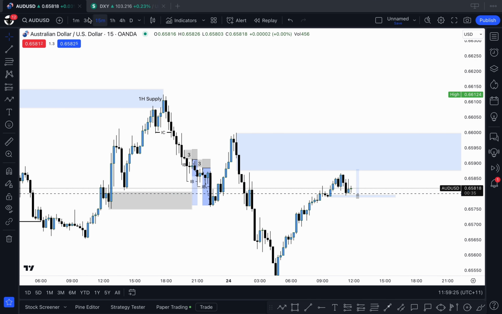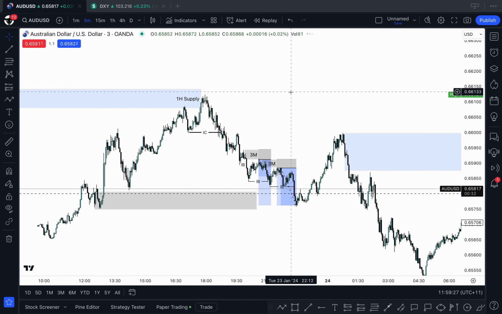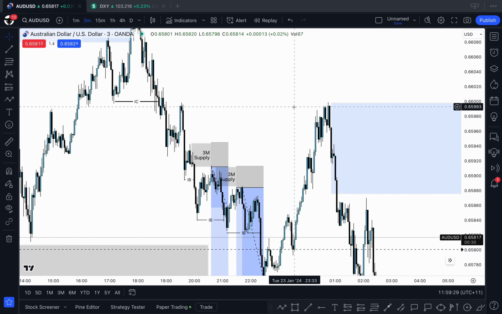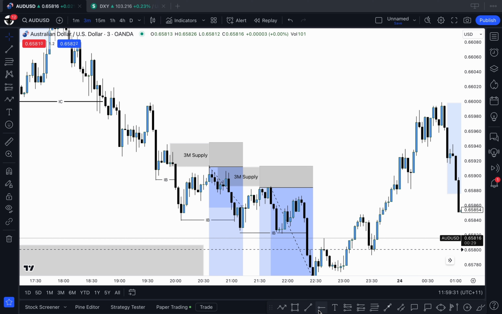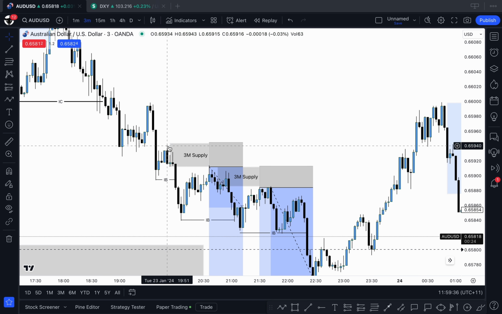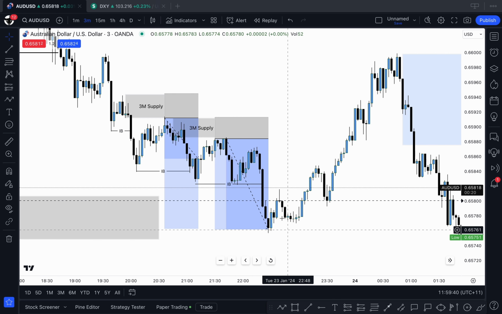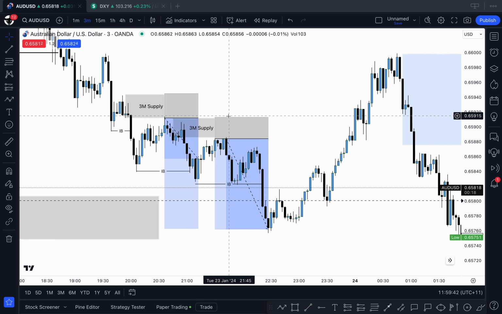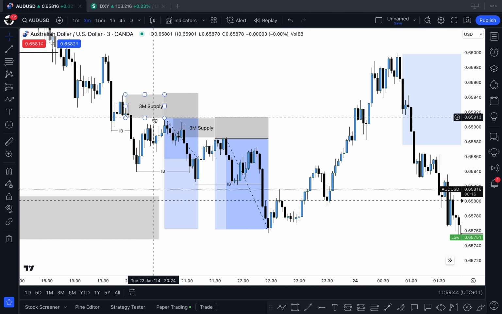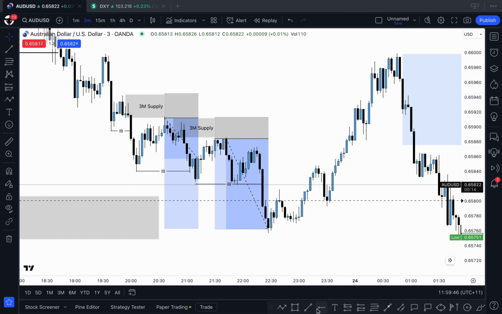Now, we have our clear internal structure. Again, a riskier trade, but we have our internal structure. So internal break, internal break, internal break, right? Continuation down. I'm having my price right at that supply zone, 3-minute supply zone, and I'm taking the trade just as price enters that zone.